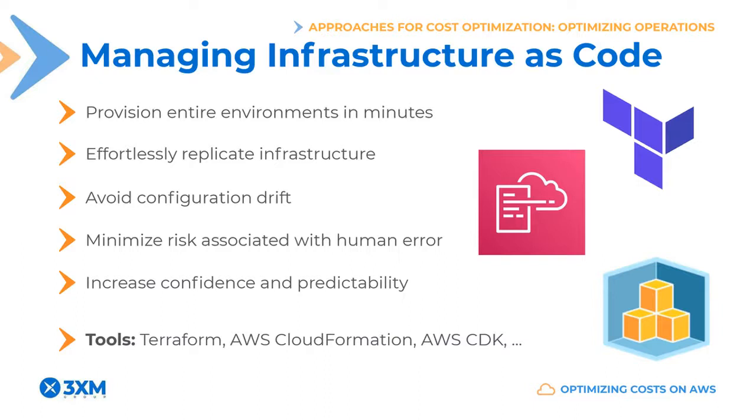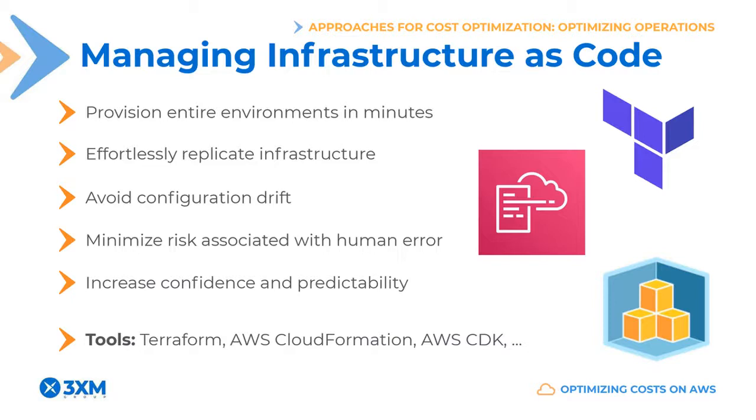By employing a procedure that relies on managing infrastructure as code, you can avoid configuration drift, right? By making sure that all the changes to your configuration are kept in the code. And then you can minimize risk associated with human error. This brings increased confidence and predictability.